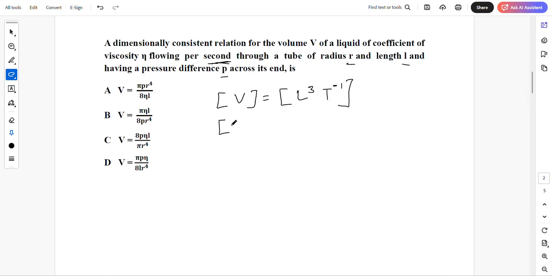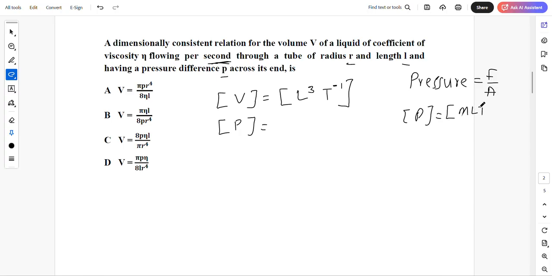So many notations are there. What is P? That is pressure. What is pressure? Pressure is equal to force by area. What is the dimension formula for force?